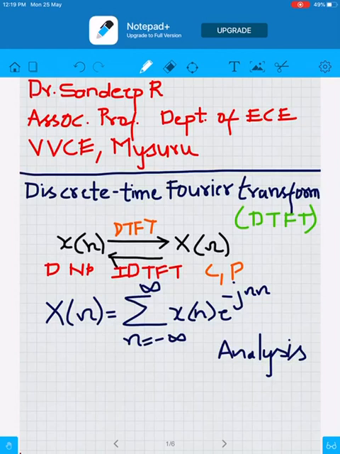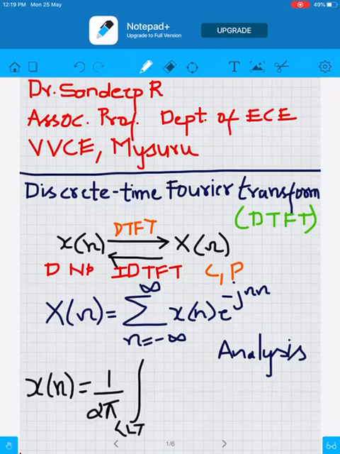Now the equation used to obtain x of n from x of omega is called the inverse transformation, or also called the synthesis equation. So x of n is equal to 1 by 2 pi integral for one complete cycle, that is 2 pi, x of omega into e power j omega n d omega.